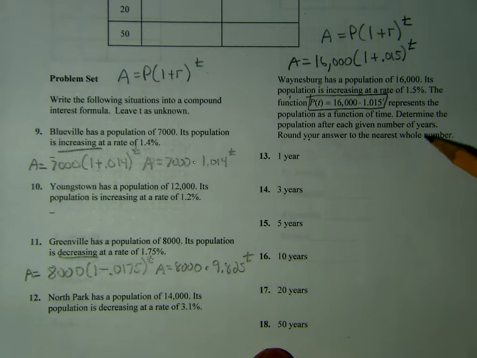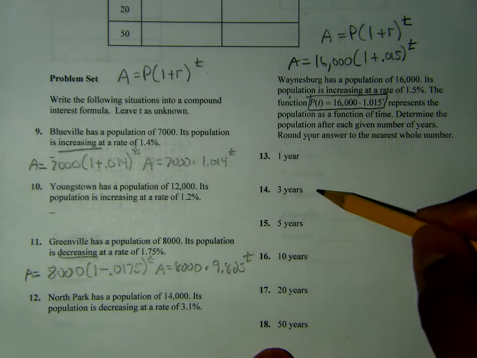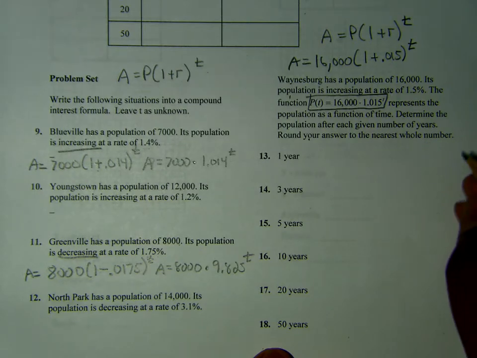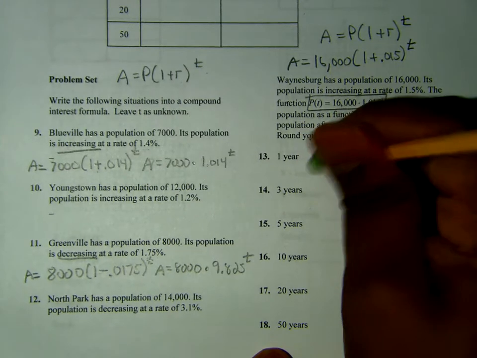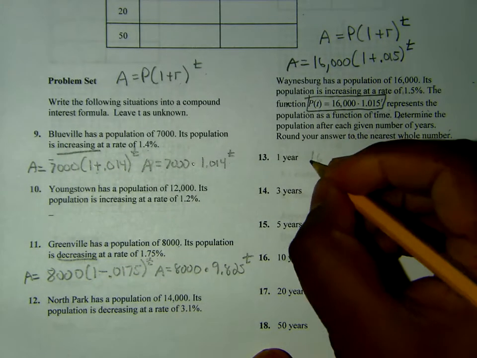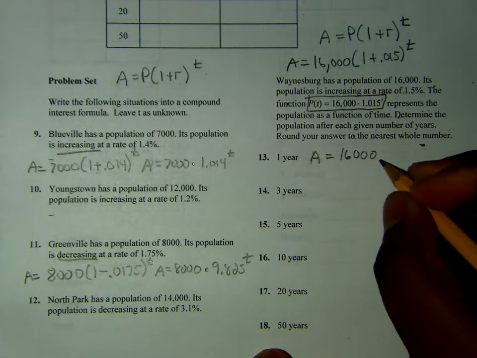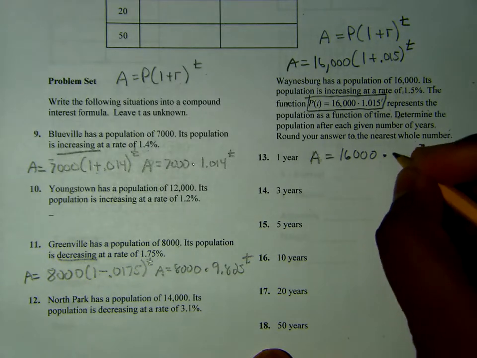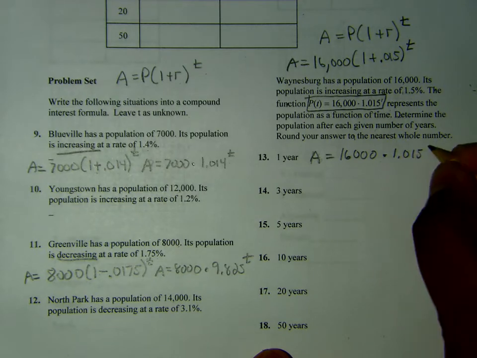You can use either one, but I'm going to go ahead and use the function notation and plug those in to find our values here. In my first example, I'll take the 16,000 and multiply it times 1.015 raised to the t, but in this case it's going to be 1.